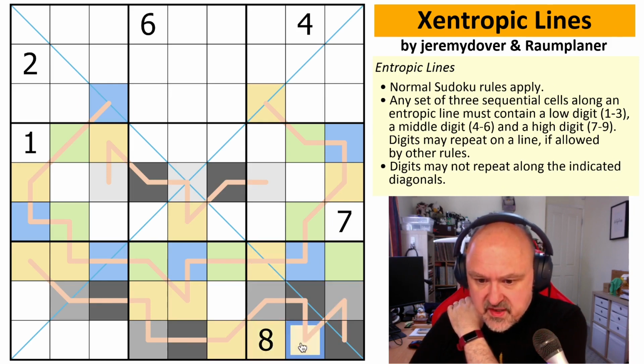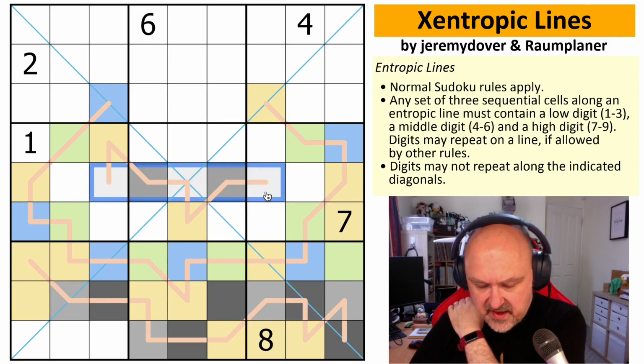So yellow is high. So this becomes yellow. These are not yellow. So I need to put a yellow into one of those, and the other one is going to be black. Well, I can't put a yellow there, so that becomes yellow, and that is black. Now remember, that black is different to this black.